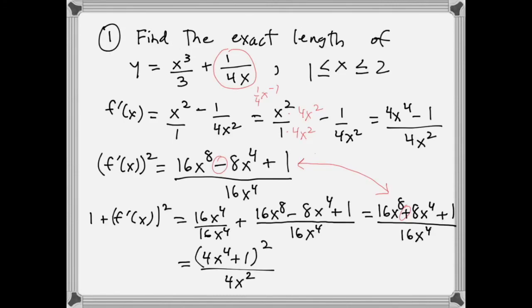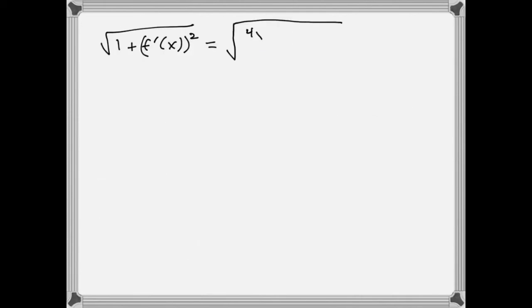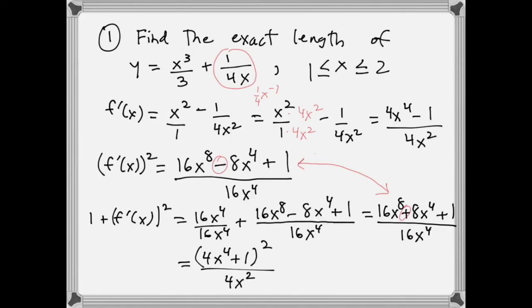Okay? So the square root of 1 plus f prime of x squared is equal to the square root of what we just got, which is (4x^4 + 1) squared over, and then we had 4x squared. I forgot to write that down.